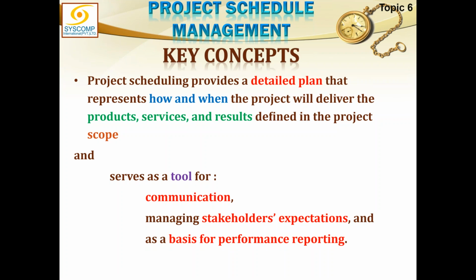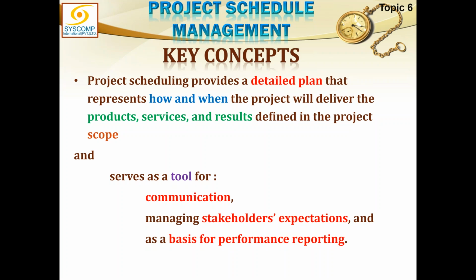If what was supposed to be in the deliverable is created, then the product scope is fulfilled. But how to fulfill that? In between, we have to do some work to create that deliverable, and this is the how and when of that. How we'll do it and when we'll do it.